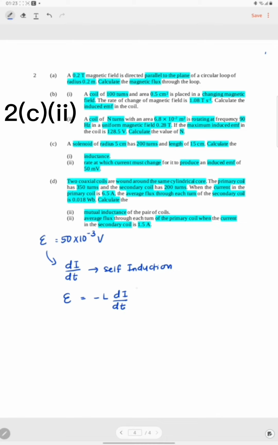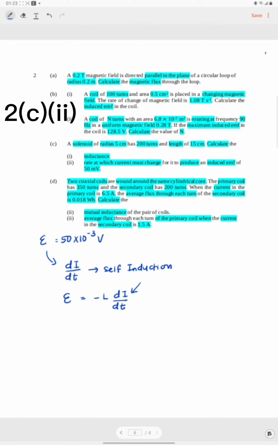It means that the current changes in the same solenoid, and when the current changes, the solenoid will experience a change in magnetic field, so induced EMF will be produced.